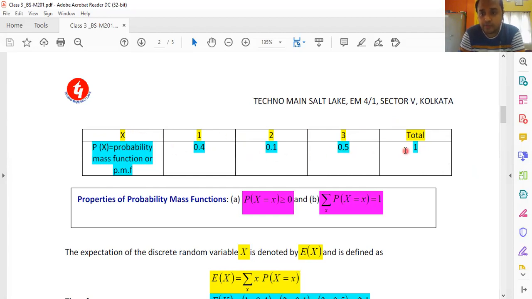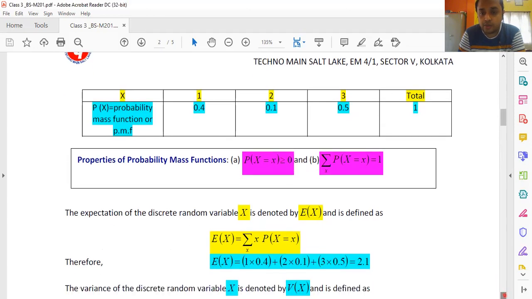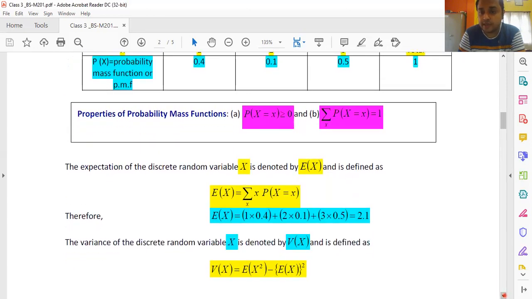And since the total probability is 1, this chart is complete. Proper probabilities, and I have already told you that these probabilities are the probability mass function. If we denote the probability of capital X equal to small x as the probability mass function, then these probabilities are always non-negative, and the total probability must be equal to 1.